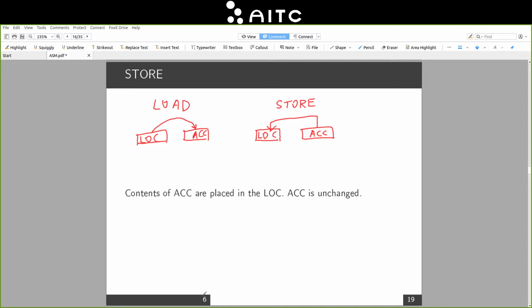So the opcode is like a way to control the LOC. I mean the opcode is like a file.